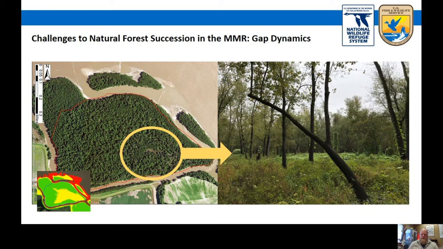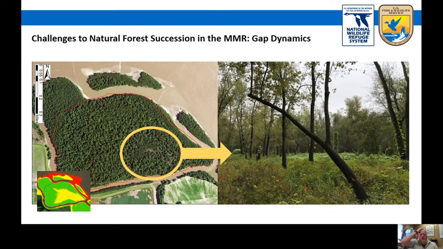Without chemical intervention and increased shade, the hops will persist and prevent any recruitment and native species from establishing. I refer to this as an arrested succession, with hops and flooding teaming up to prevent gap closure. This phenomenon also occurs with reed canary grass, sometimes in the middle Mississippi, but typically in pools further north.